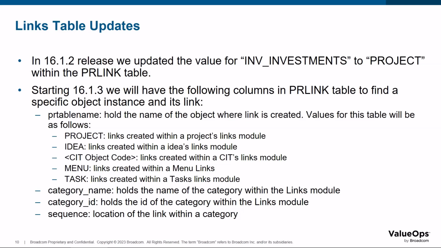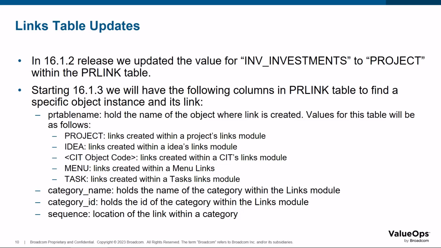instance and its link. The PR table name will hold the name of the object where the link is created. Values for this table will be as follows: project for a project object, idea for the idea object, the code for your specific CIT, the menu for the central menu links, and then task for the task links.